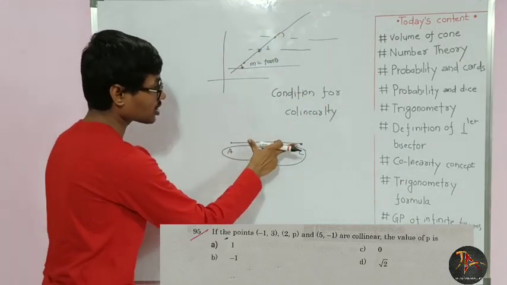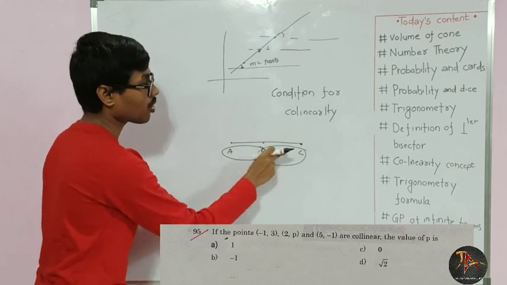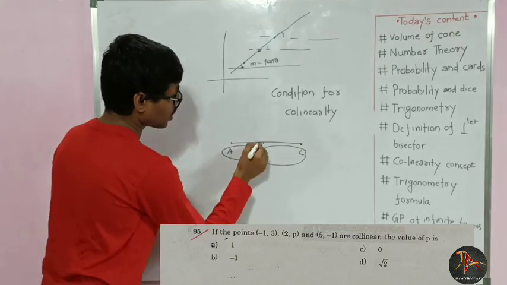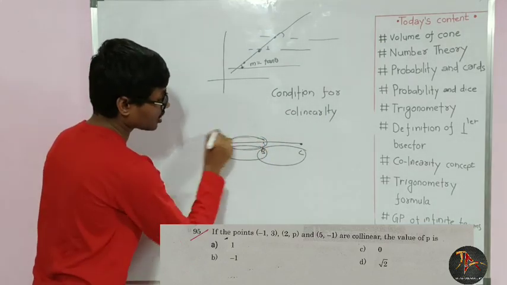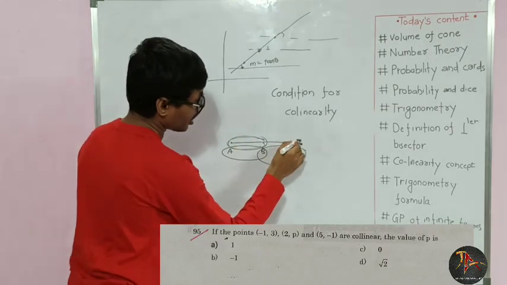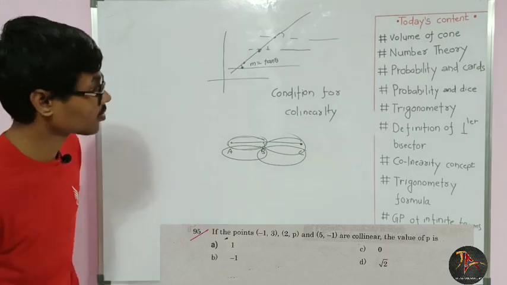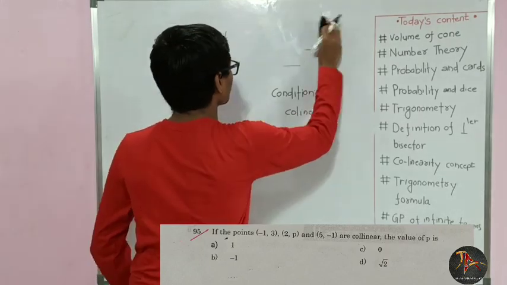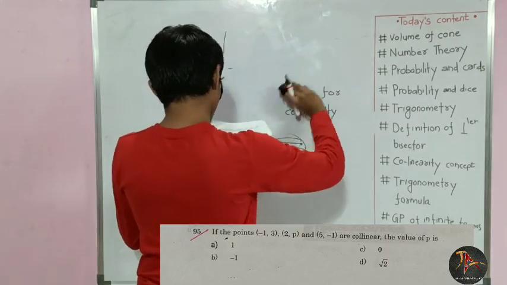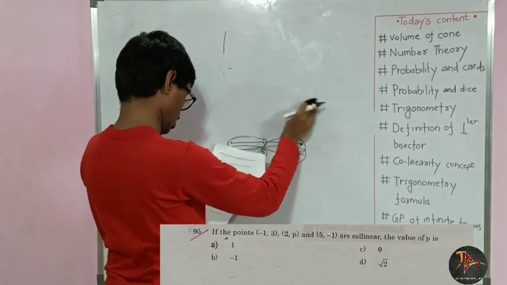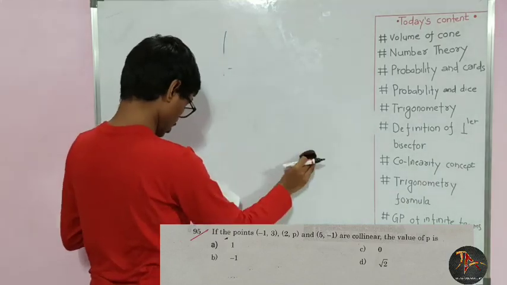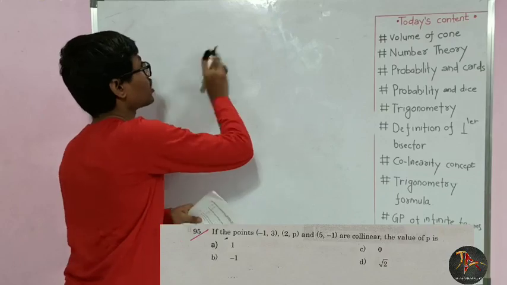Now if 3 points are collinear, then the slope obtained by this line AB and the slope obtained by BC should be equal. Now they have given that (-1, 3), (2, P) and (5, -1) are collinear.